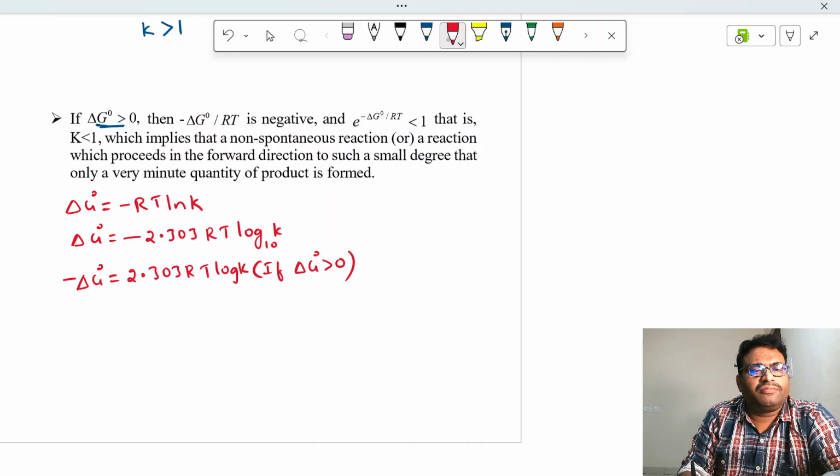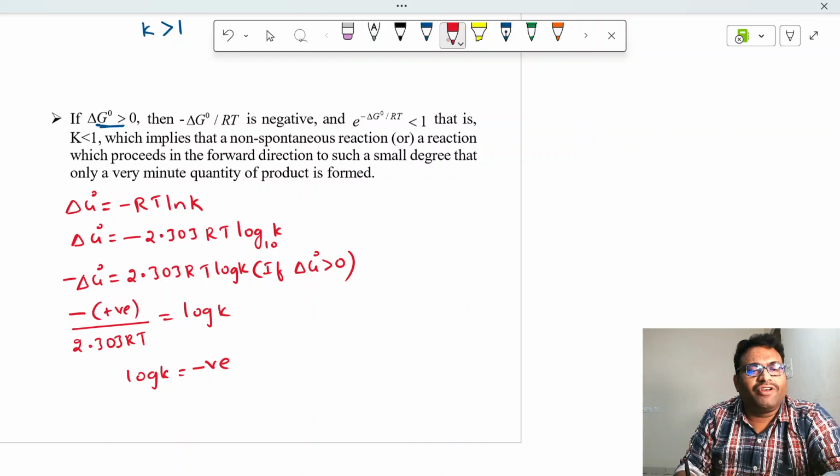So delta G naught greater than 0, minus of plus, is minus, divided by 2.303 RT, will be equal to log K. What are we getting for log K? Log K we are getting as negative.